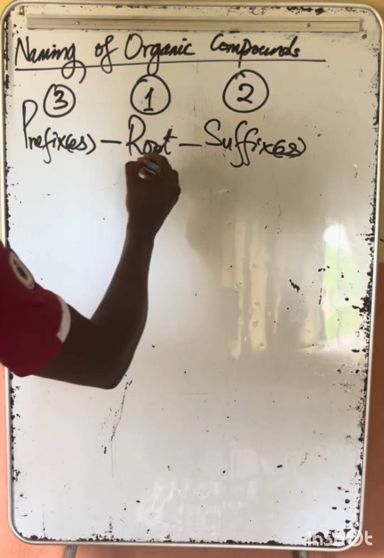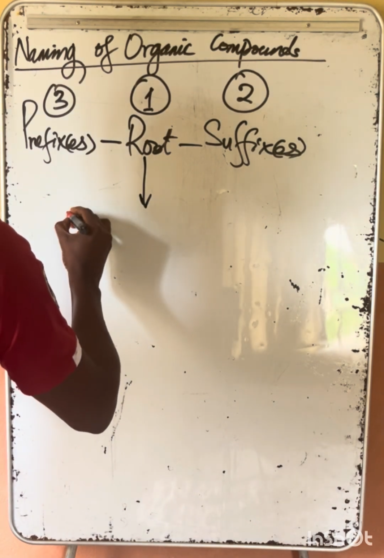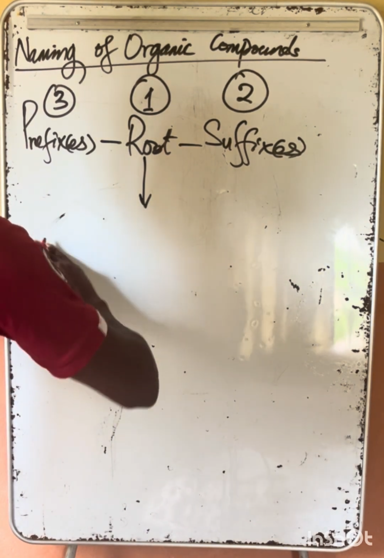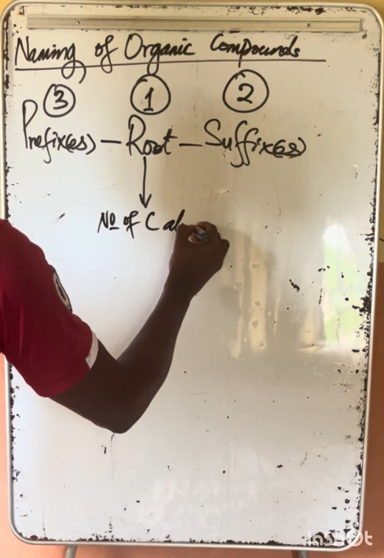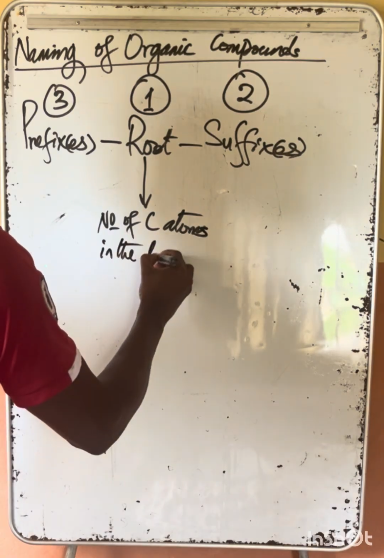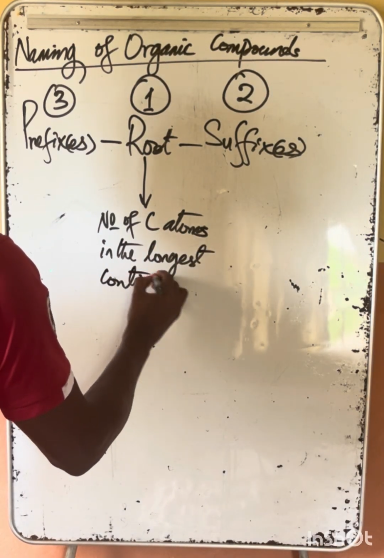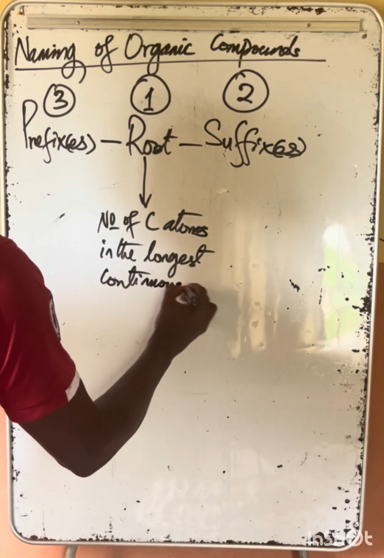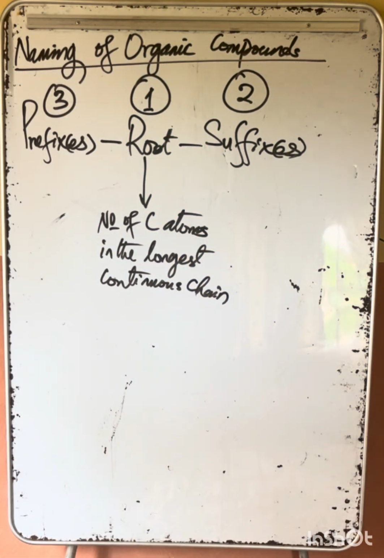First things first. Number one, the root is obtained from the number of carbon atoms in the longest continuous chain. That is where the root is obtained.